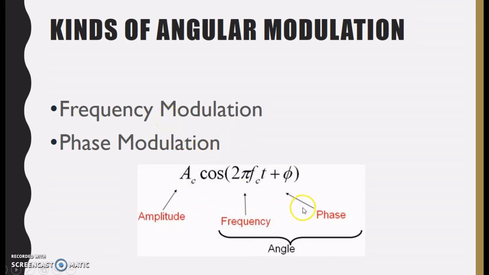And if we will be keeping this t, which is the phase angle, varying and keeping this whole part of the equation constant, this will be called phase modulation. And from the previous group, they kept this A amplitude varying while this whole thing constant, and they explained what amplitude modulation is.